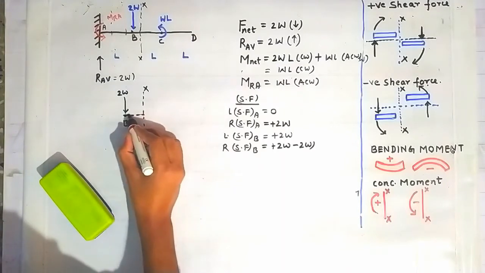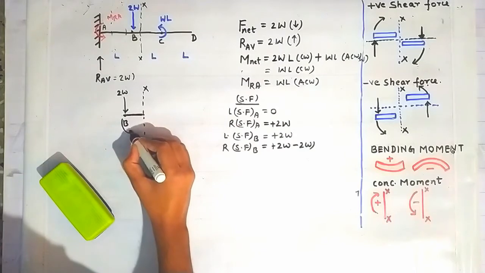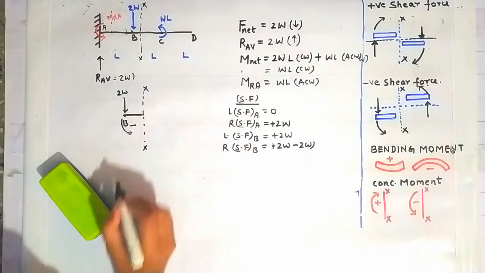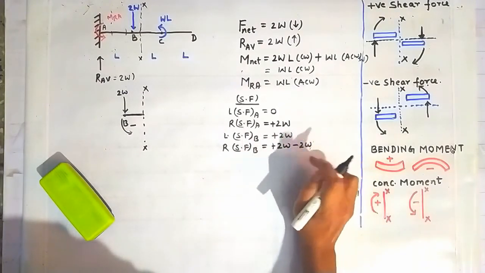So this force is trying to rotate this beam element in the counterclockwise direction, so it will be taken as negative. That's why we have taken it here as negative, and the total will give us 0.